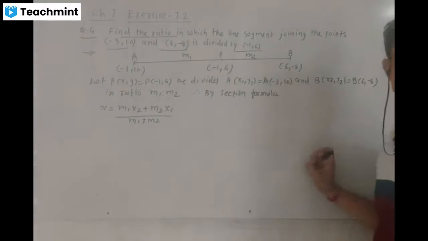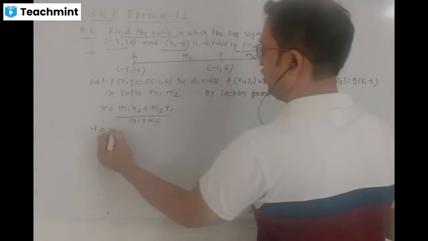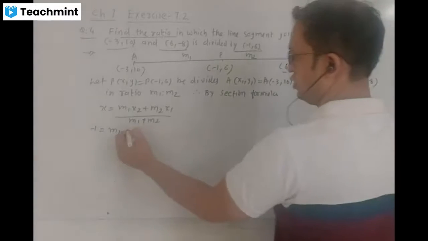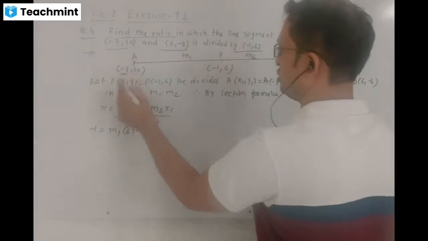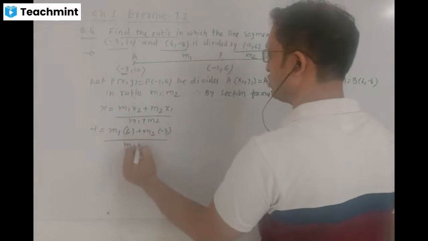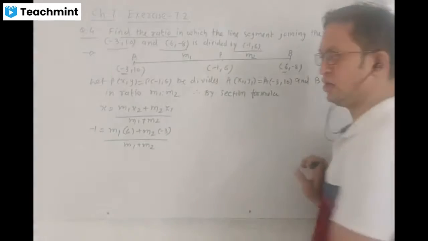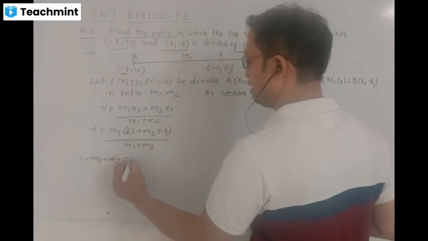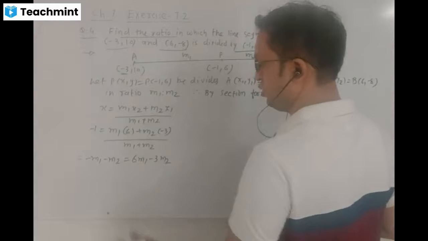What is x? x is equal to minus 1. m1 as it is, x2 is equal to 6, plus m2 as it is, x1 is equal to minus 3, into the bracket (m1 plus m2). (m1 plus m2) multiplied with minus 1, therefore minus m1 minus m2 equals 6m1 minus 3m2.